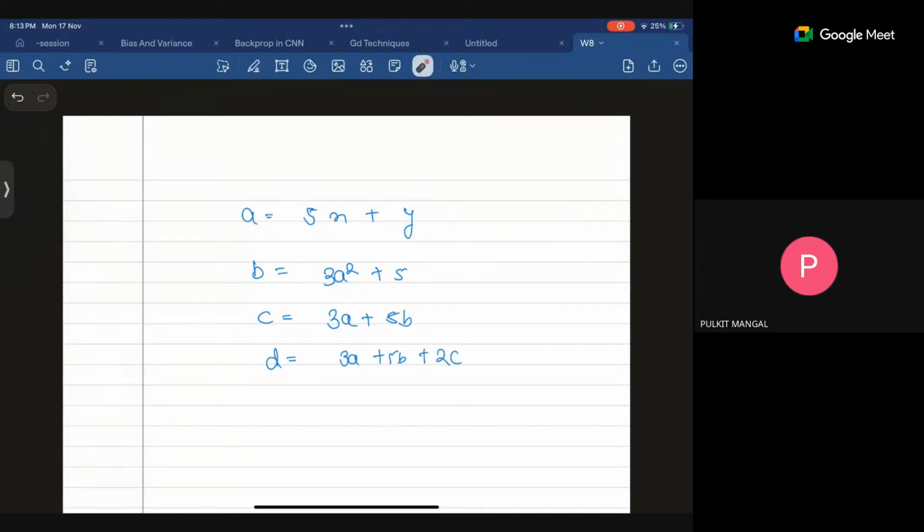Now, suppose you have a computation like this, where a is going here, then using that you get b, and then using a and b you get c, and making use of these you get d. Generally, if you are a small child, how will it go? He'll first compute a, then he will compute b, and while computing b, we can throw away the information of a after we compute b.